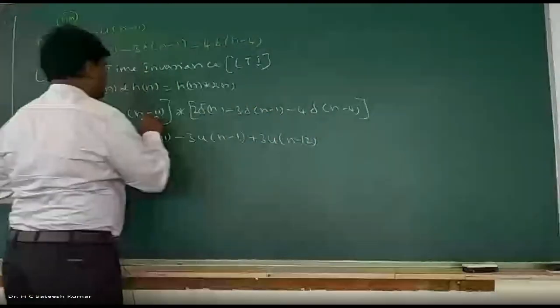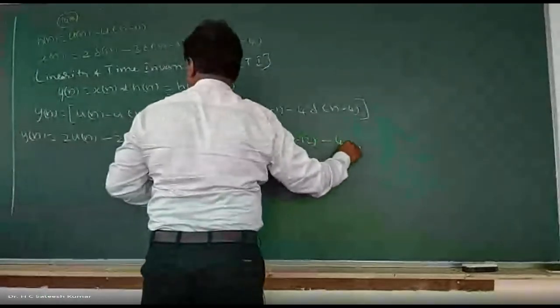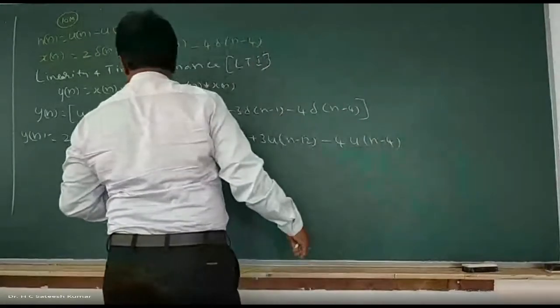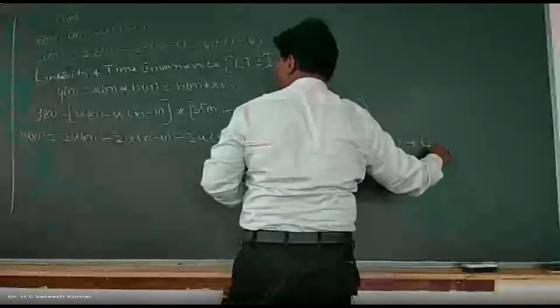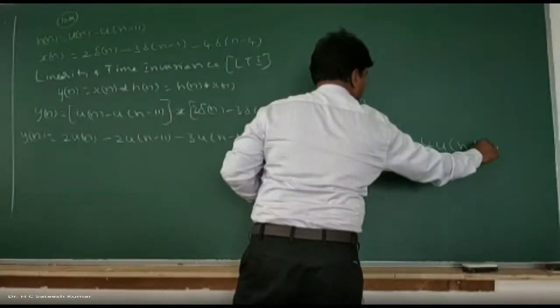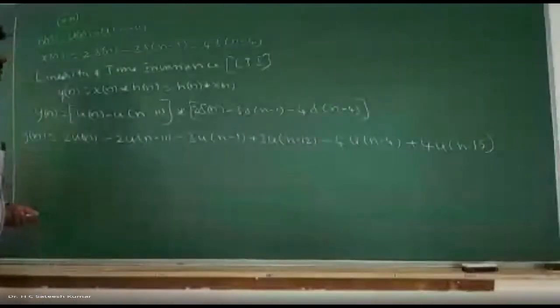Next, minus 4 u of n minus 4, minus into minus plus 4 u of n minus 15. Okay, so that's how it should be.